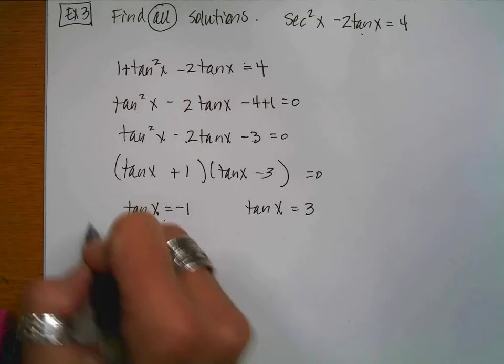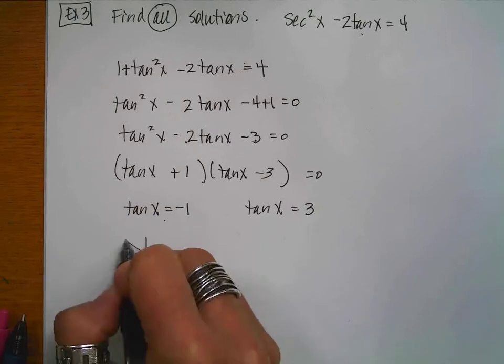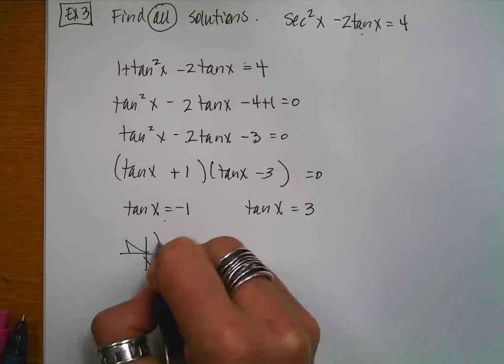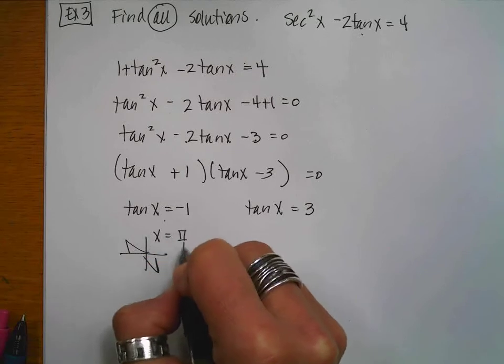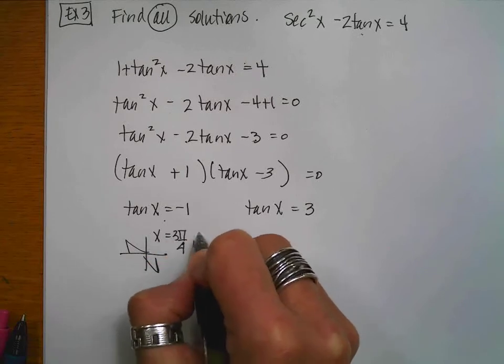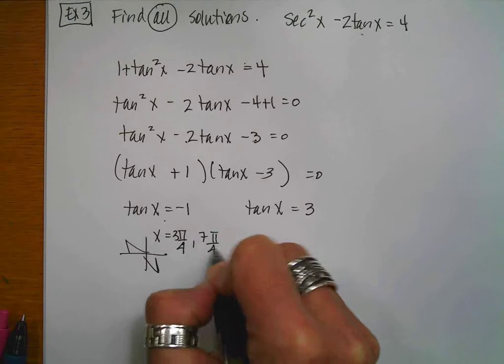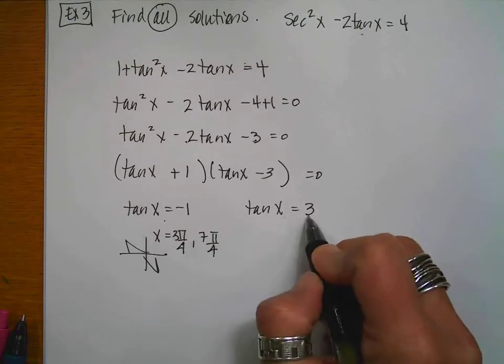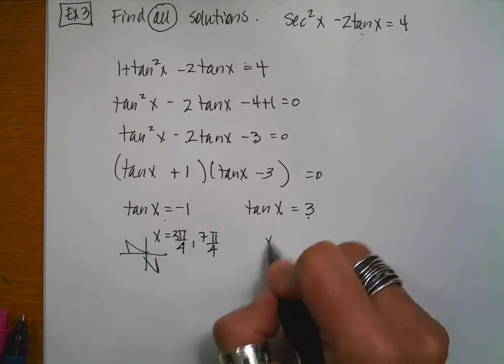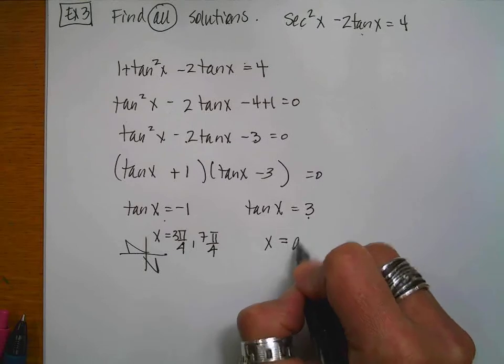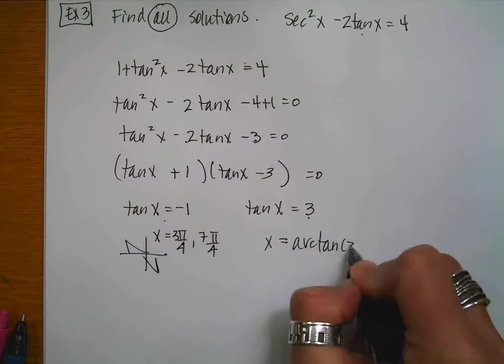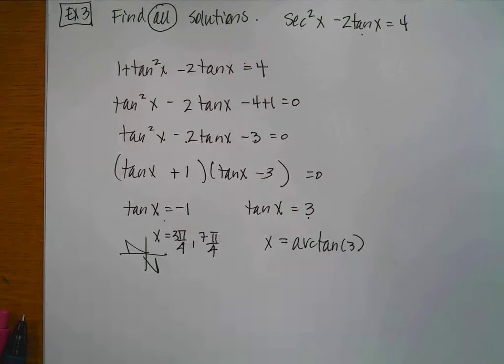This is a special, so remember that tangent is negative here and here, so x is going to equal pi over 3, pi over 4 and 7 pi over 4. This one's not a special, so I'm going to get x is equal to the arc tangent of 3.